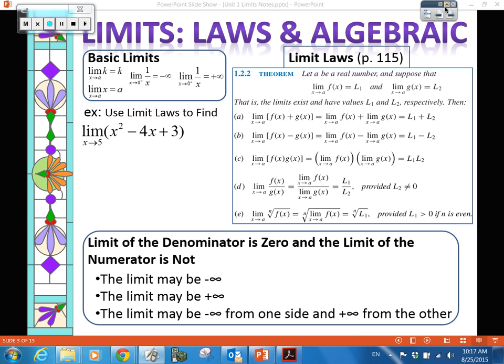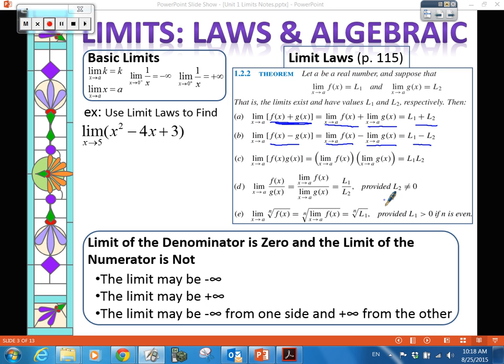If we're adding two things together, we can split them apart and do the limit of one plus the limit of the other, and then just add those numbers. Very nice. If we are subtracting things, we can find the limit of one of them minus the limit of the other. So just really nice and flexible. Multiplying, same scenario.